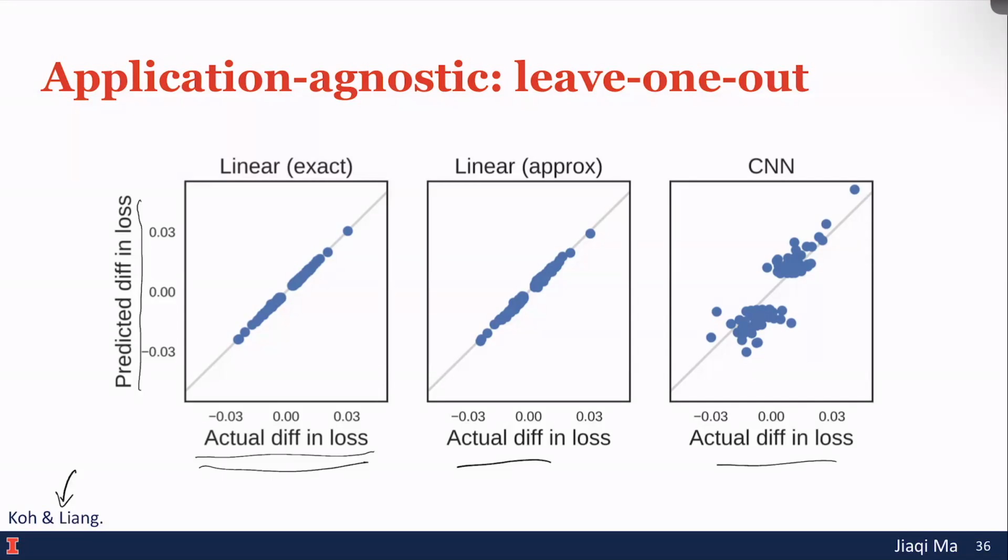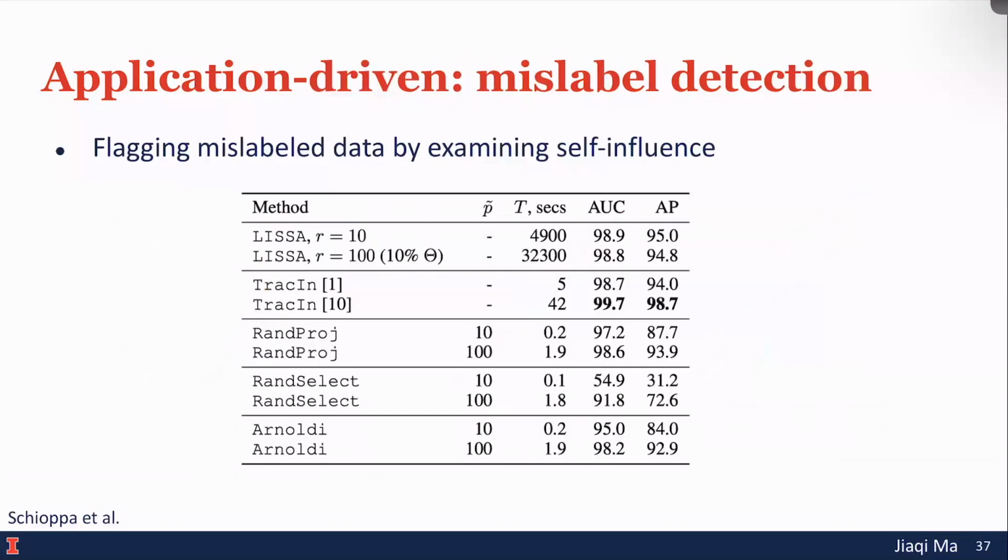It goes from the original definition of influence function, and then just measures it. There's also another popular type of evaluation metric, which is application driven. For example, in our motivating example, we have some mislabeled training data, and we want to find it out. So it's that cancer example.